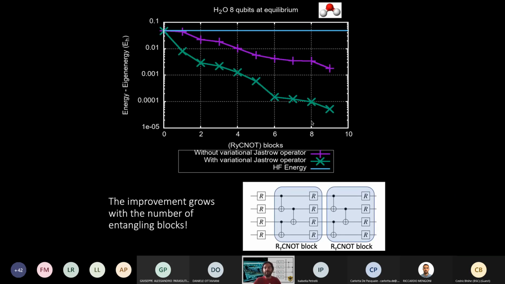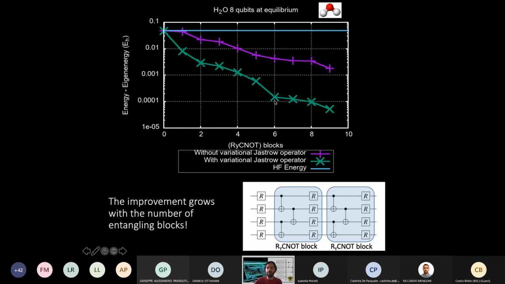This is a very important plot because what is important is not only the quality, but the fact that we can reach this quality with a small number of gates. So basically, this shows the quality of our wave function as a function of the number of blocks. And you can see that adding additional variational parameters outside the circuit can lower the depth of the circuit a lot.